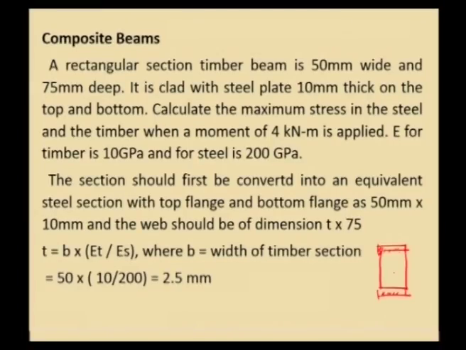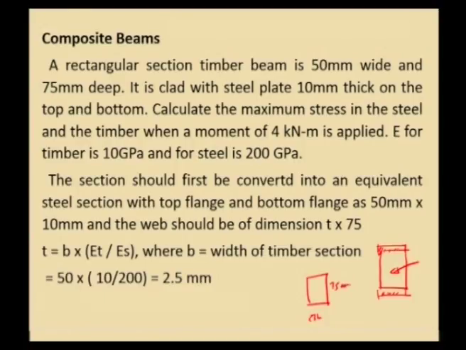In that case, how to compute the bending stress is the question here. Similarly, we can also have several combinations of other materials. In this example, a rectangular section timber beam is 50 mm wide and 75 mm deep.